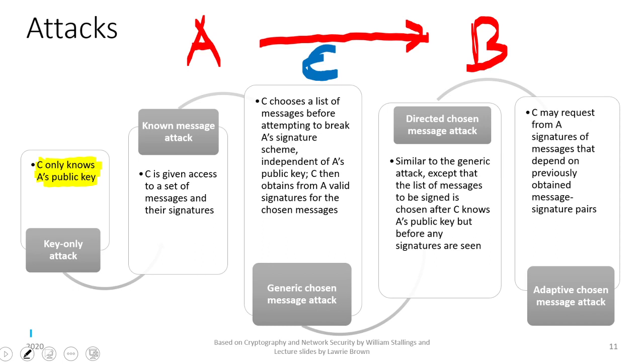First C would receive a message and signature pair, and it would compose another message and request that A sign it. Further getting this information, it can build an underlying understanding of the digital signature scheme and try to break it. So these are some of the ways digital signature schemes may be attacked from a cryptography point of view.